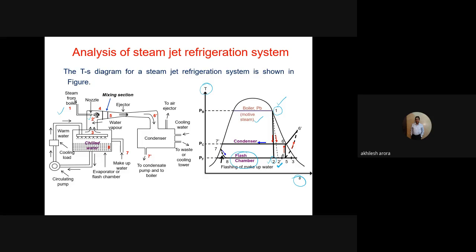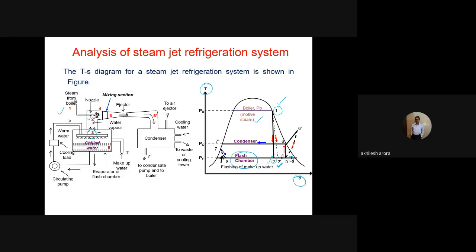For the time being, we can consider that the moisture which is being sprayed is at state point 3. You can see here it is at state point 3, nearly at the same temperature.